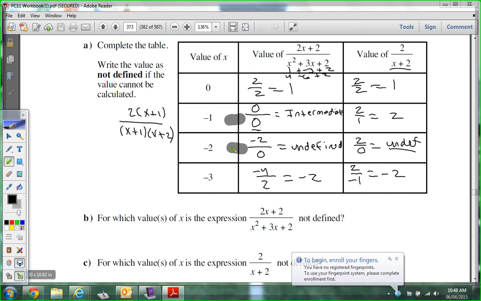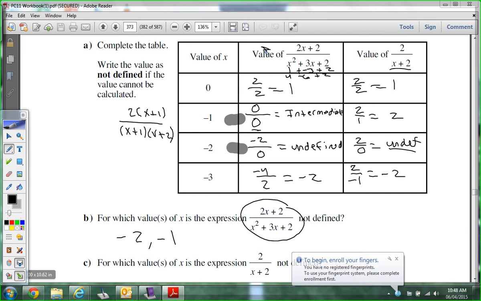If I just had this, then the only one would be this one. But we're talking about this and this, so it's both of them. So negative 2 and negative 1 are the values for which x is undefined. And that's for this guy.